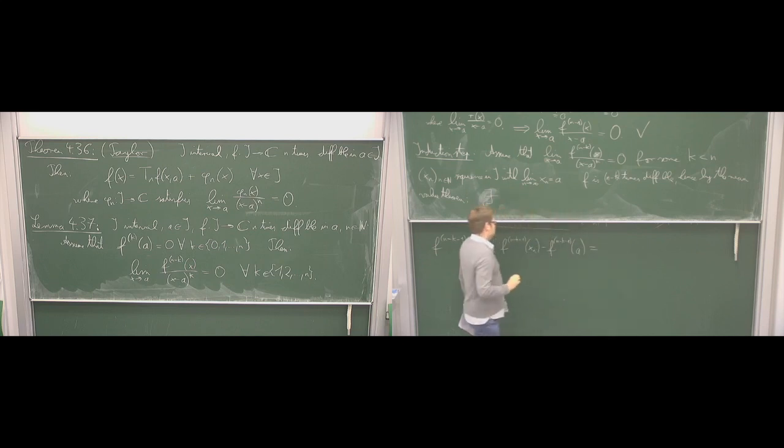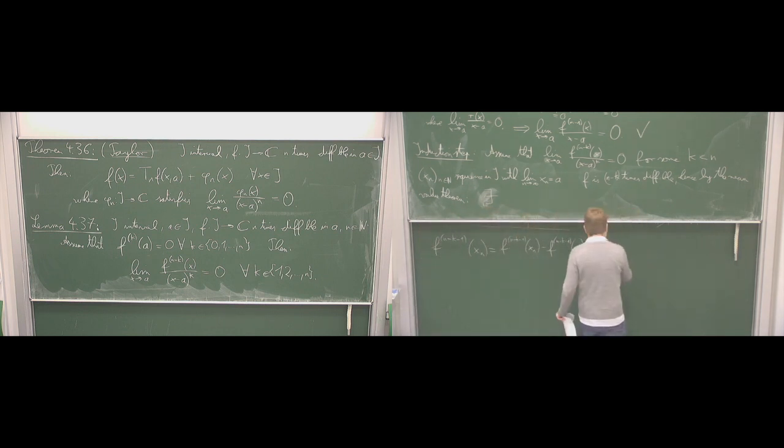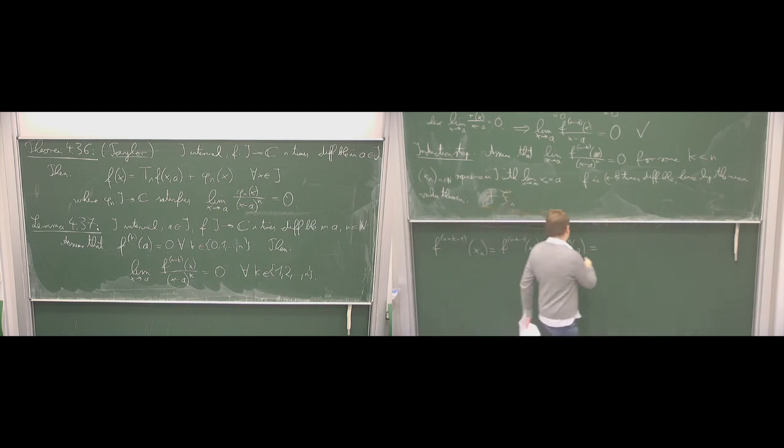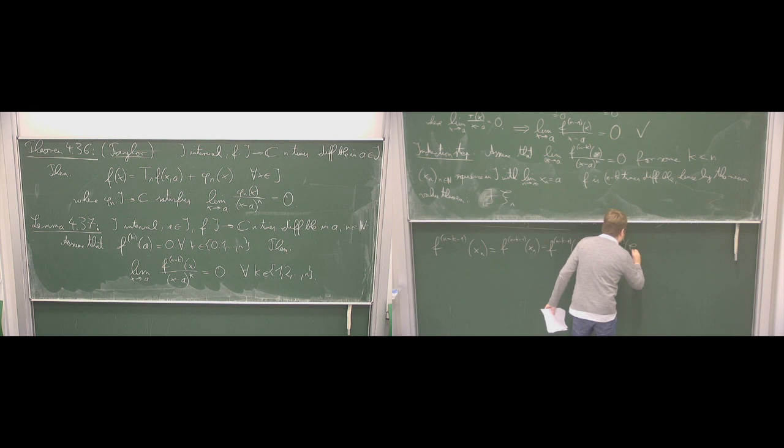And so by the mean value theorem, we know that this divided by x_n minus a is the derivative of this function here. If we just multiply by the denominator, the mean value theorem takes the form that there exists some element psi_n such that this is f^(n-k)(psi_n) times x_n minus a.